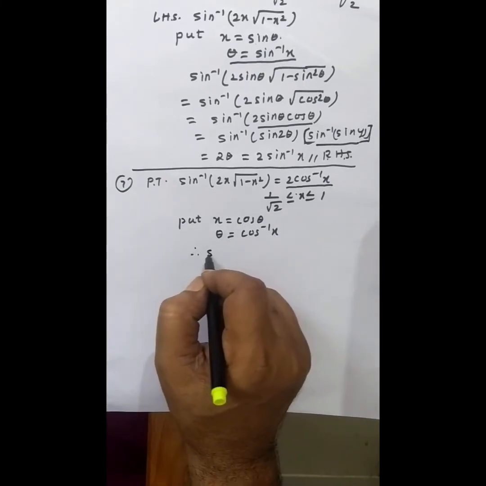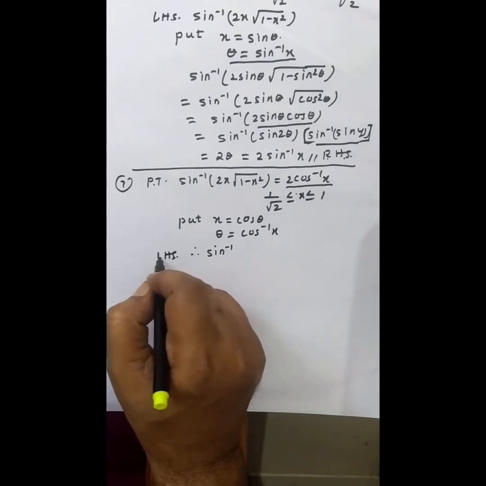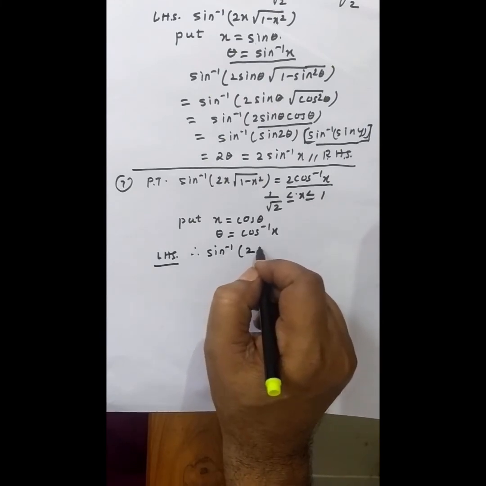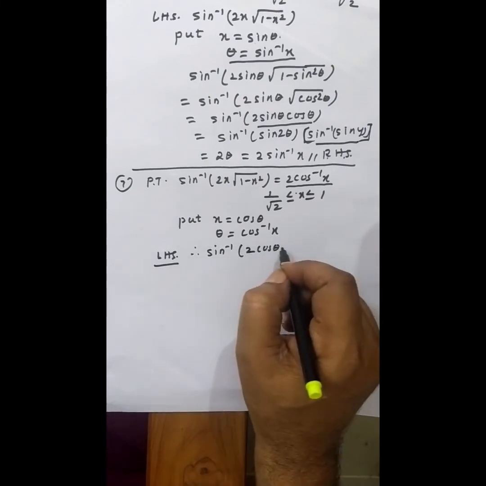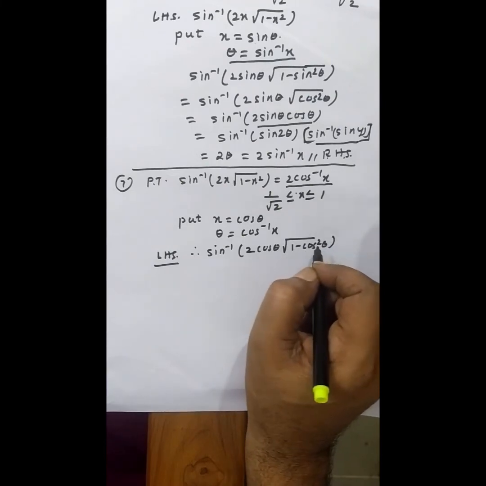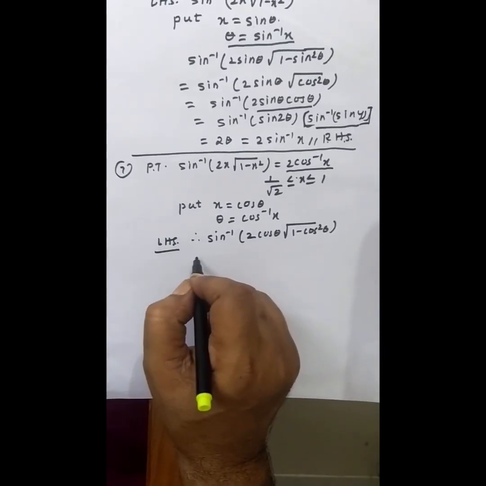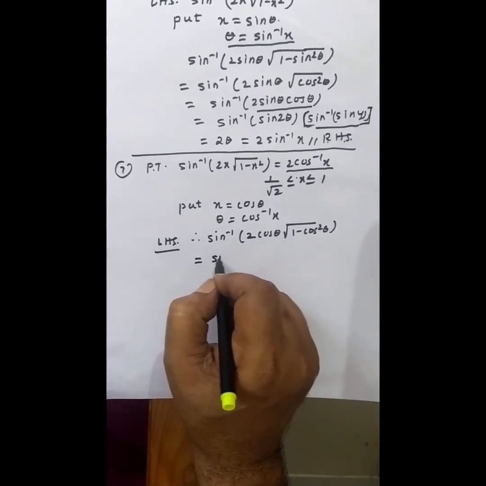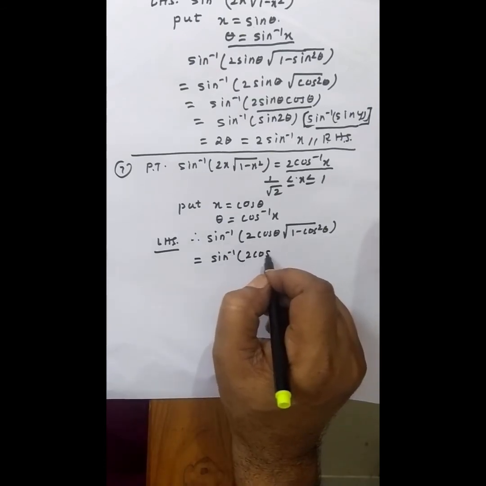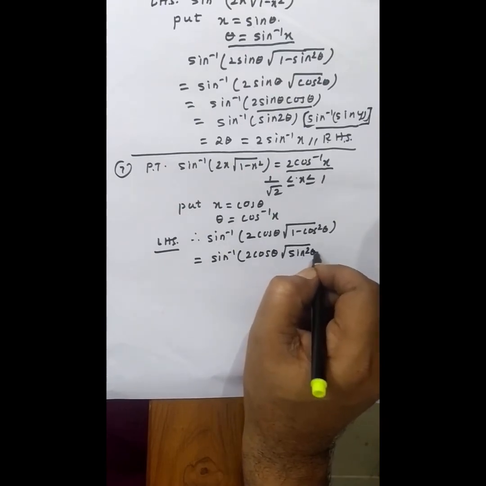So what happens to the given sum? It becomes sine inverse of, that is LHS, sine inverse of 2 times cos theta into root of 1 minus cos square theta. Now 1 minus cos square theta is sine square theta.